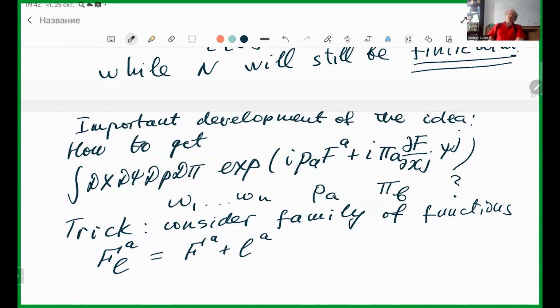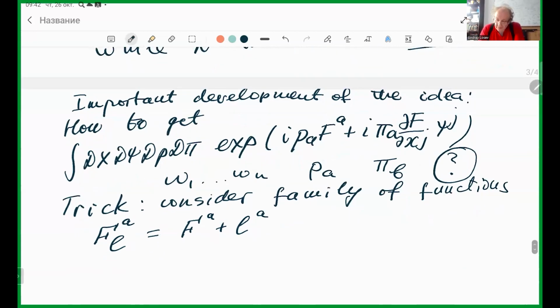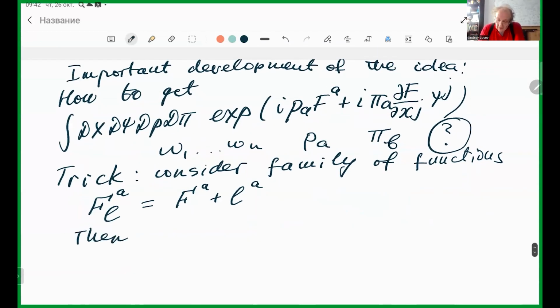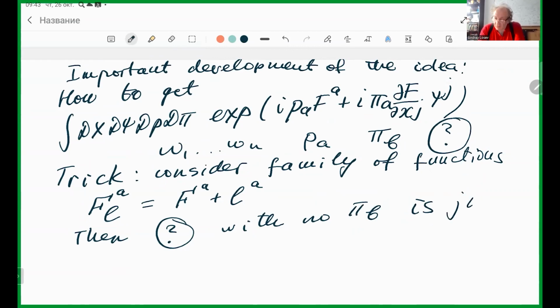Okay, it's also a function. Then with no pi b is just what?